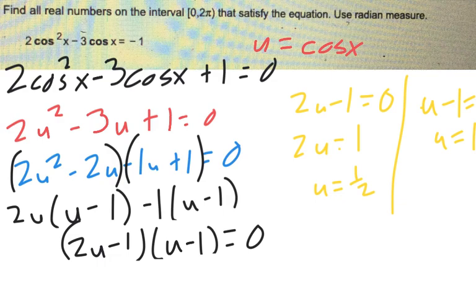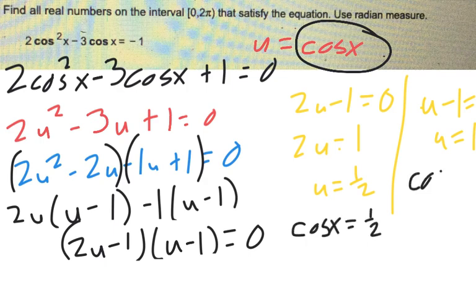And so now, again, my answer didn't start in terms of u, it was cosine of x. So now I have to substitute back in. So that means cosine of x could be 1/2, or cosine of x could be 1. So if cosine of x equals 1/2, because it's positive, that means I'm looking in either the first or the fourth quadrants for cosine.